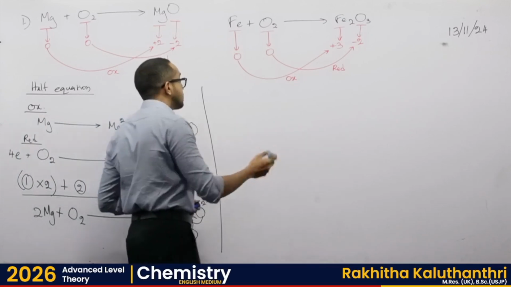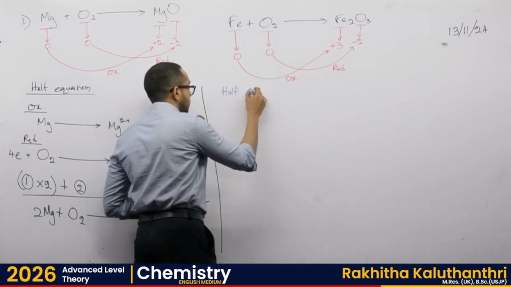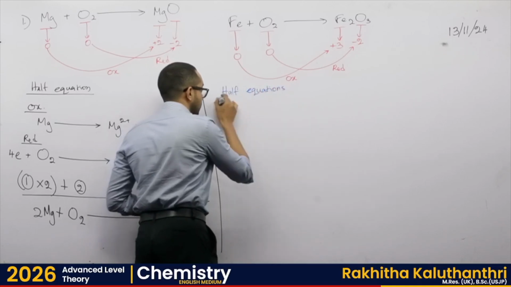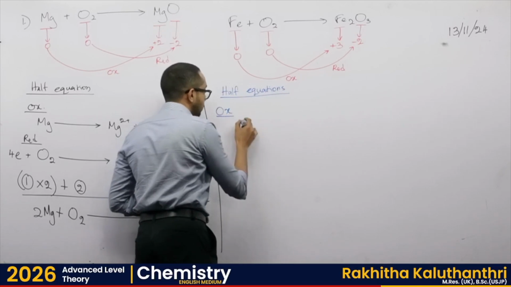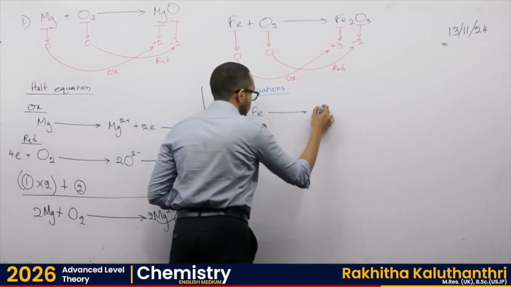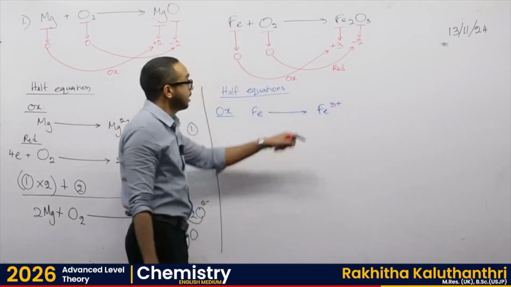Then I will write the half equations. For oxidation, it's an easy one. We have Fe turning into Fe3+. Why did I write 3 plus?